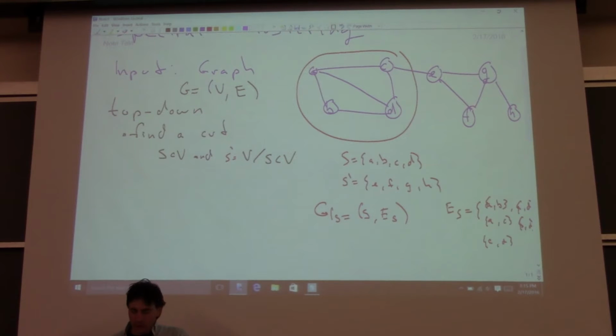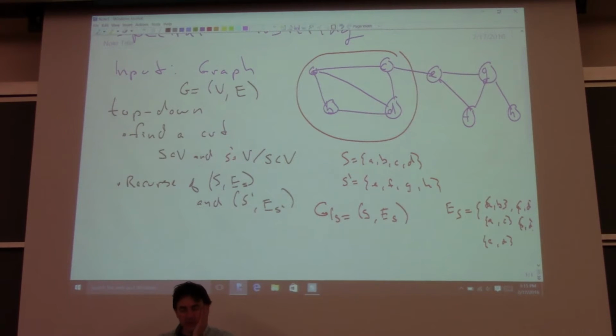So then you recurse on S with E_S, and S prime with E_S prime. Okay, great. So this is the general framework. The key thing now is finding a good cut, a good way to split the vertices.